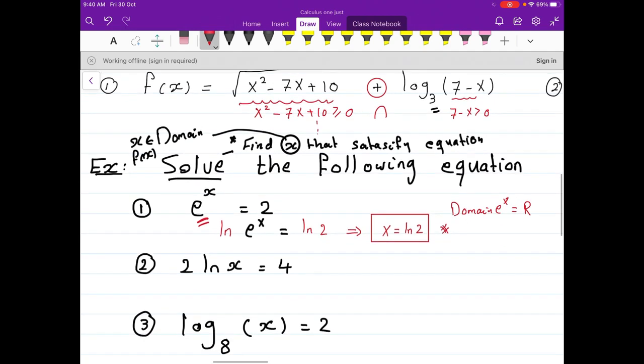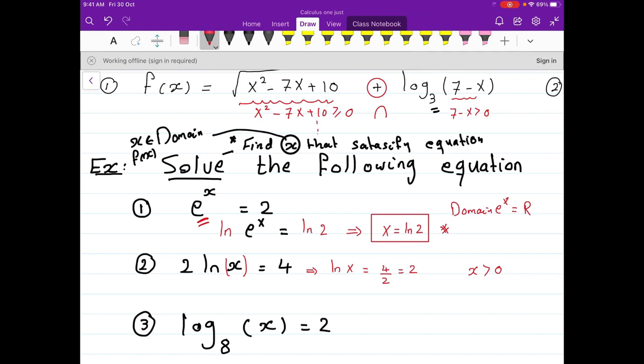This is the solution. Now, 2 ln x equals 4. Notice x is inside the ln. What is the condition of x? x must be positive. Before you solve the equation, the obvious domain is x positive. If you get x negative, we reject it. Now, how can we solve this equation? Divide by 2, you get ln x equals 4 over 2, which is equal to 2.